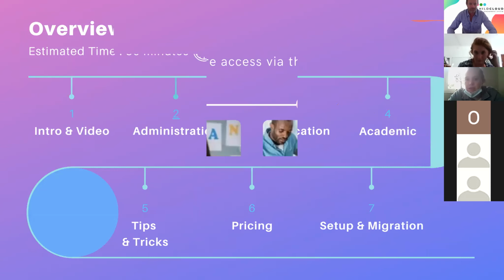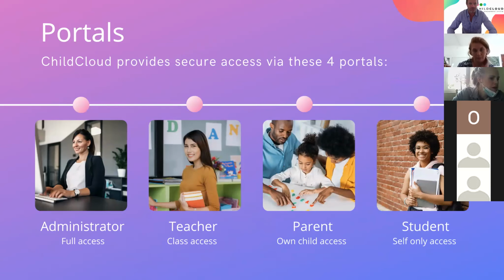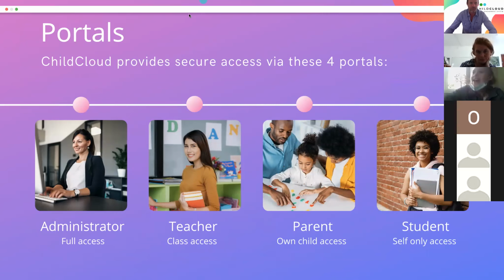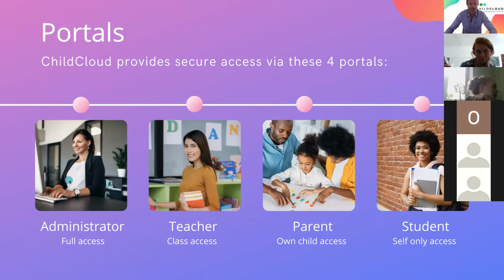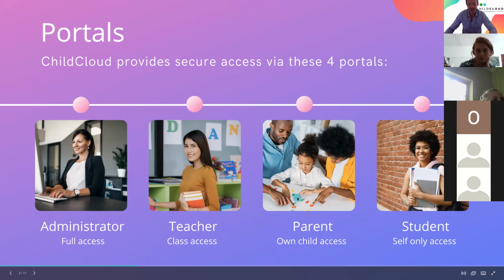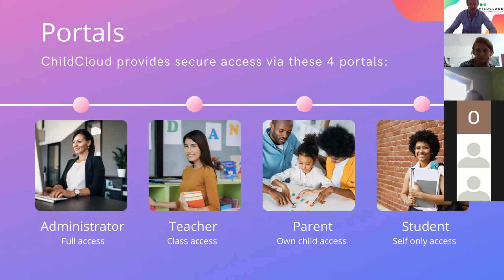Okay, so I'll just give you a quick overview of ChildCloud. We've obviously got 4 different portals on the system. We've got the administrator portal, which has a bird's eye view of the whole system. The teachers only see their class, the parents only see their child or children, and then the older students can access ChildCloud as well, and they only see what's relevant to themselves.